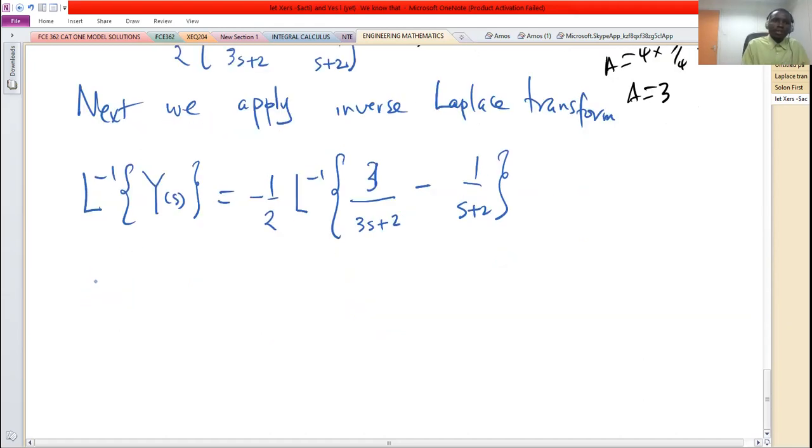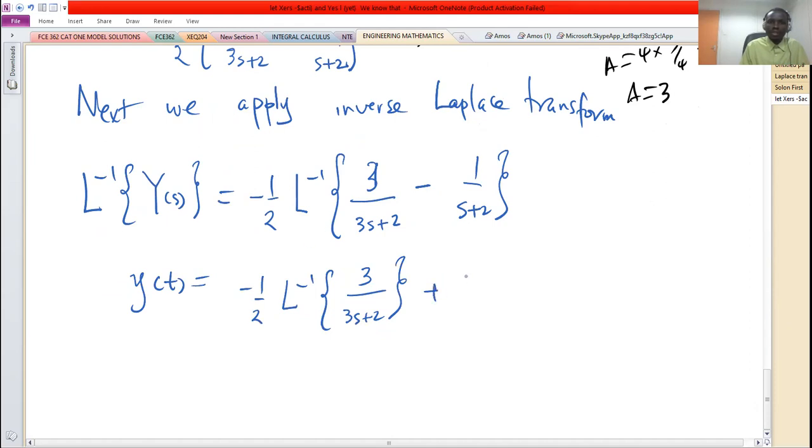So this will be now y of t equals -1/2 inverse Laplace of 3 over 3s plus 2. Now minus will be +1/2 inverse Laplace transform of 1 over s plus 2.